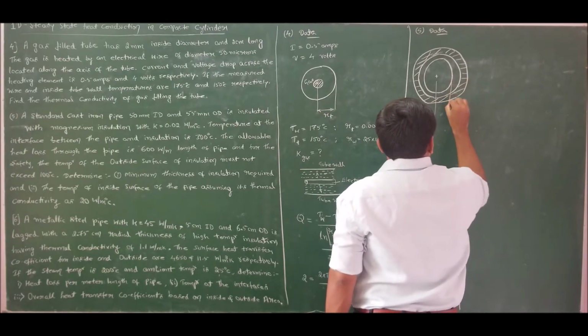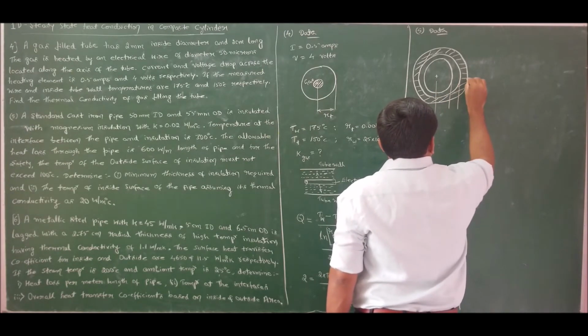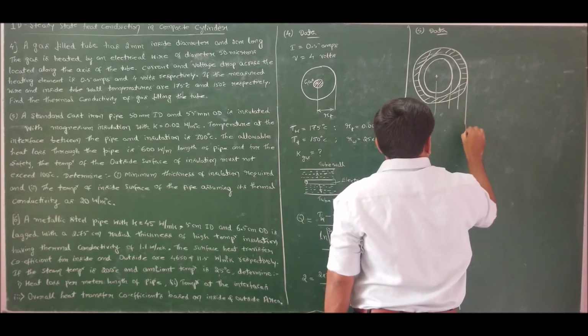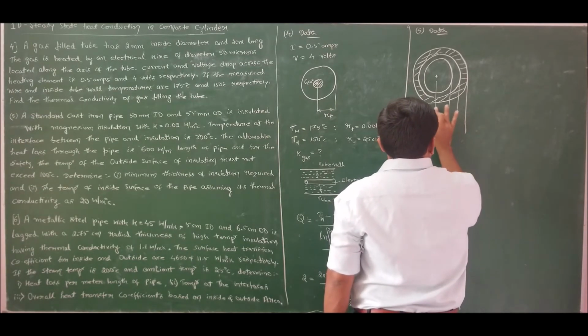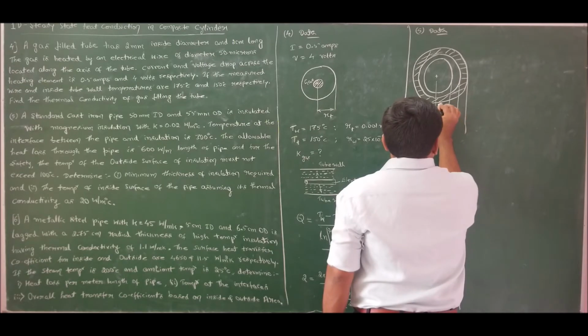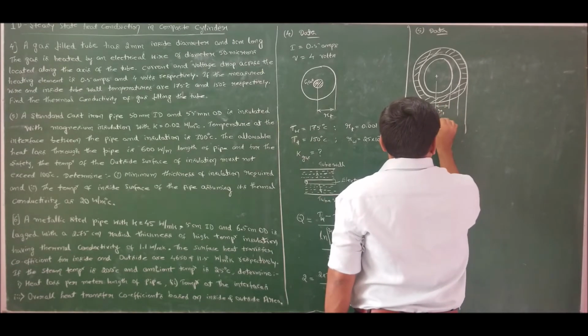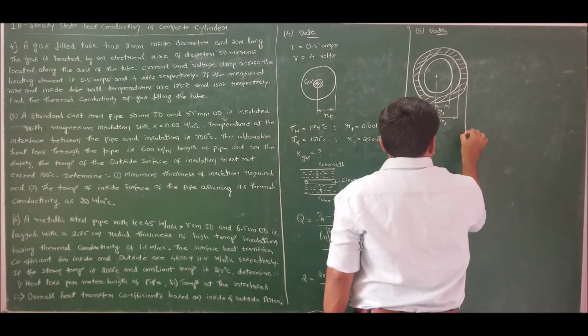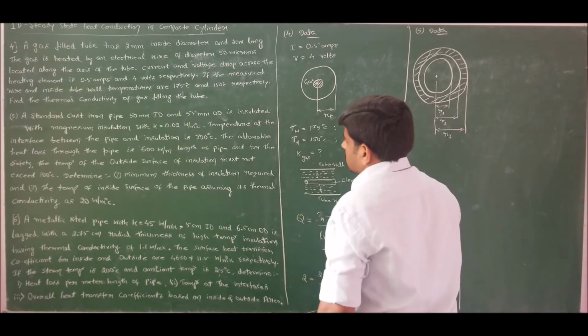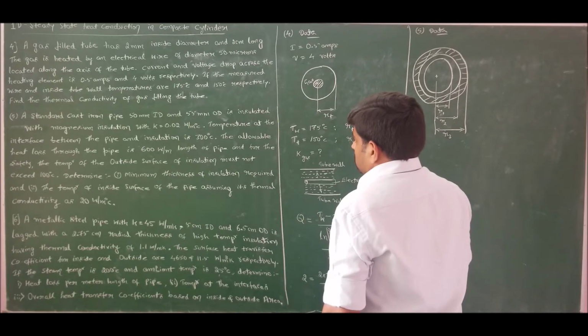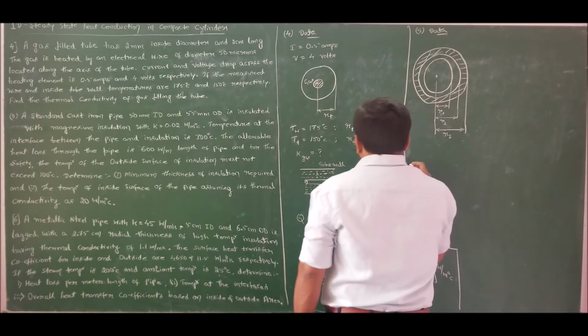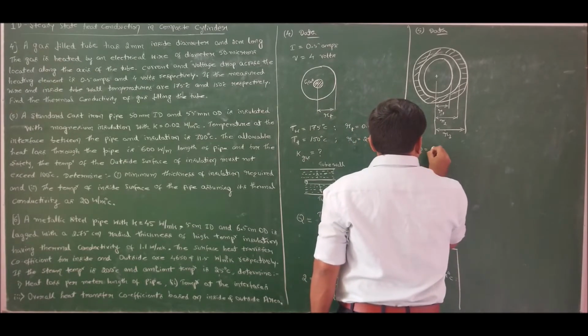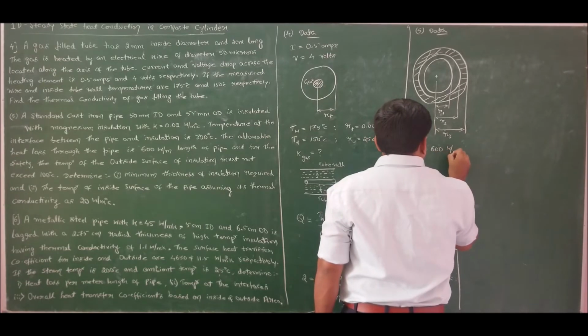Now coming to the radius, we have the inner radius as R1, outer radius of pipe as R2, and outer radius plus thickness as R3. And it specifies the value of Q as 600 watt per meter length.